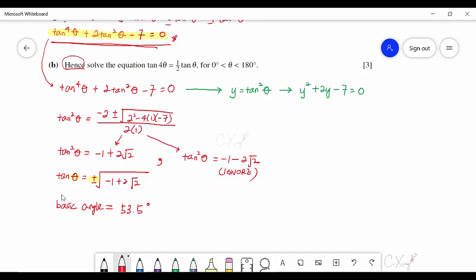Now I want the answer for theta between 0 and 180, which means the first and second quadrants. The answer from the first quadrant is 53.5, and from the second quadrant is 126.5. The second quadrant answer is 180 minus the basic angle.